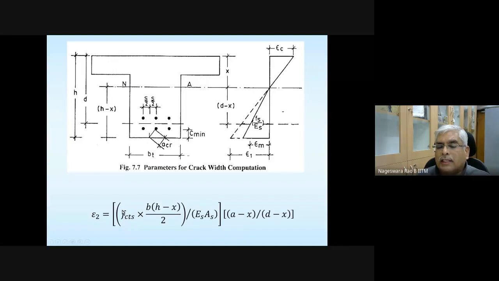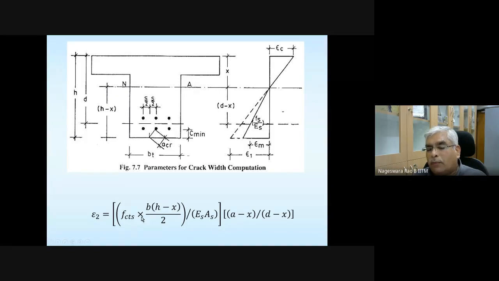So now you can see here, FCTS divided by 2 is the average tensile stress in concrete, multiplied by B, the width of the section, multiplied by H minus X gives you the area. So average stress multiplied by area gives you force. Please note that this entire force due to the concrete, we are going to assume to act at the level of the steel.